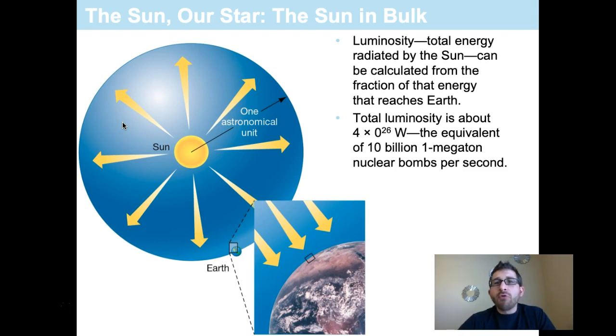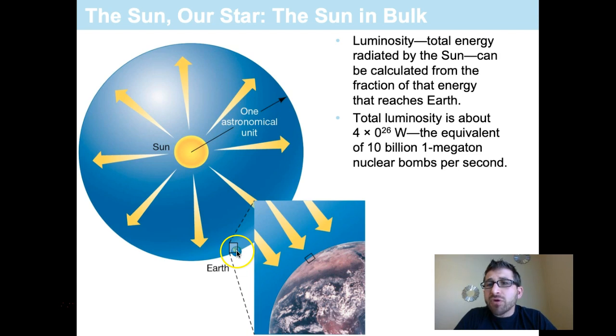Now, the Sun's overall luminosity, of course, is radiated in all directions, 360 degrees, and the Earth only picks up a fraction of that amount of total energy, which is equivalent to about 4 times 10 to the 26th watts, or about 1 billion megaton bombs per second. And those are nuclear bombs.